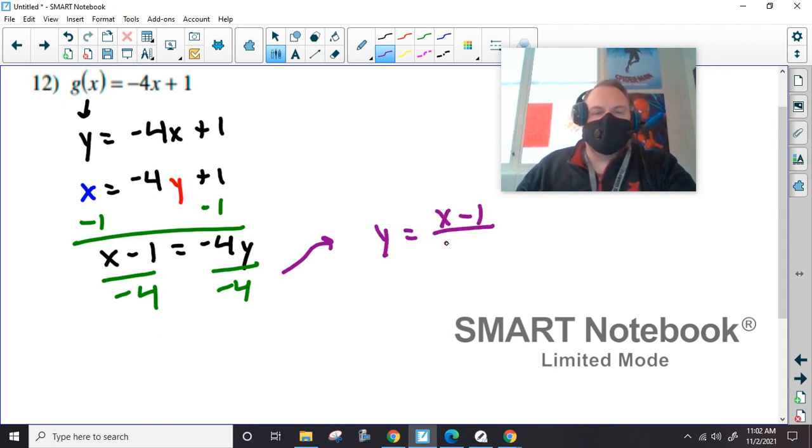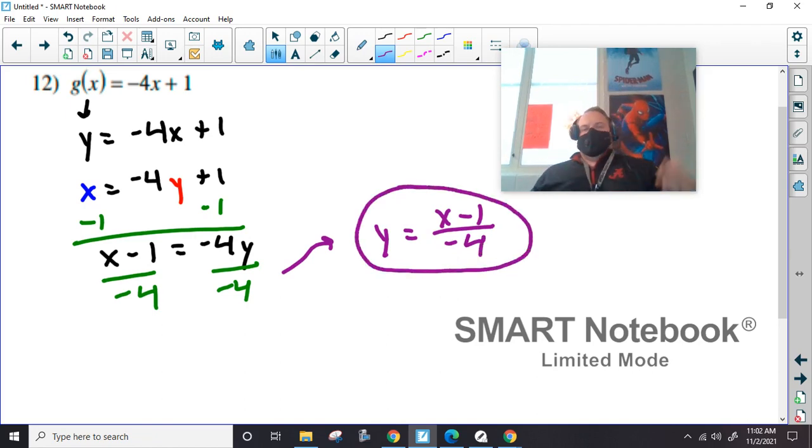Other teachers and other mathematicians will want you to. I don't know why. It really means the same thing. So, unless you were having to graph it, and I would not want to have to graph this inverse. I would rather have my pinky toe cut off with a spork than to graph this because your y-intercept's going to be a decimal.